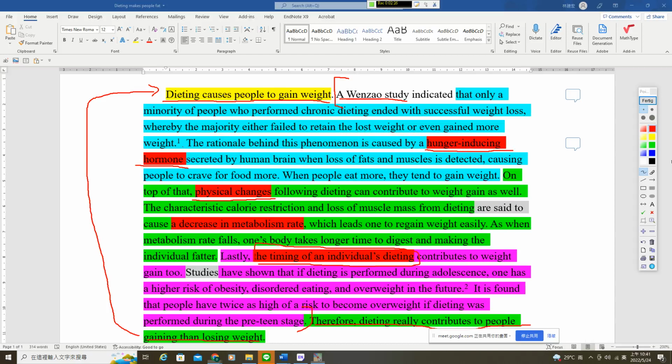So look here. Now I want you to pay attention to marking the boundary. Look here, I have a citation number. Remember, the footnote number is put at the end of the citation. So don't put it here. Notice some students put it at the beginning of the citation. No, it is wrong.